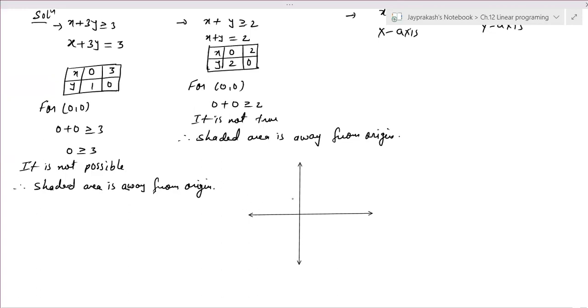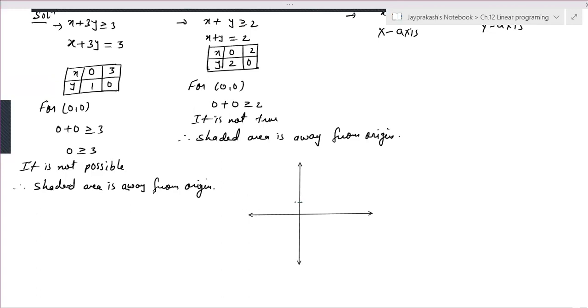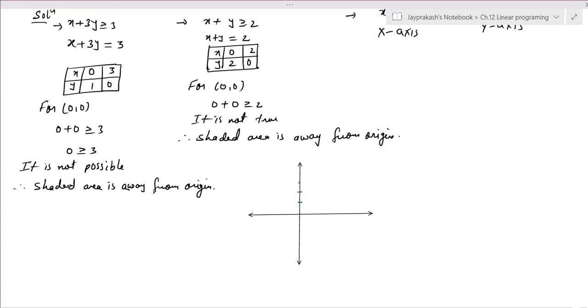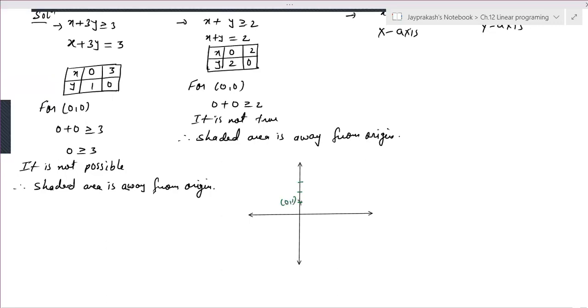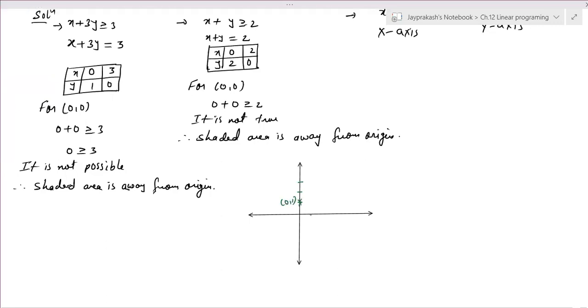Now for the first solution, when x is 0, y is 1. So this is the point 0, 1. When x is 3, y is 0, so this is the point 3, 0.